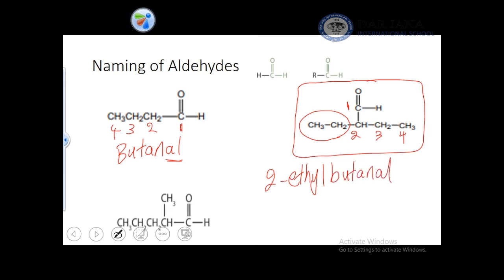The last one is 2-methylpentanal. Start numbering from this carbon: 1, 2, 3, 4, 5, and this is the substituent methyl group. It's on carbon number 2, and the chain is called pentanal instead of pentane.